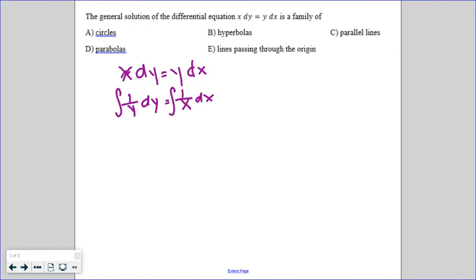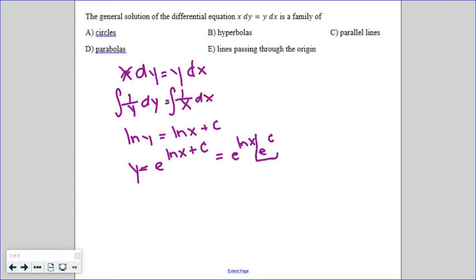Do my integration here. And then solving for y, just to kind of see what we've got going on here, I would have y equals e raised to the natural log of x plus c, which is e raised to the natural log of x, e raised to the c.